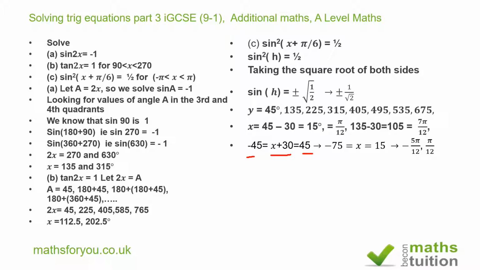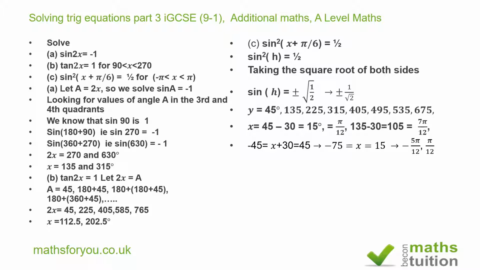If I then decrease each of these by 30 degrees, I end up with minus 75 degrees and 15 degrees. Because there are 5 15s in 75, minus 75 degrees will be minus 5 pi over 12. And we know already that 15 degrees is pi over 12.